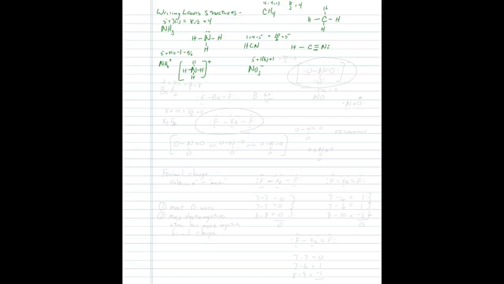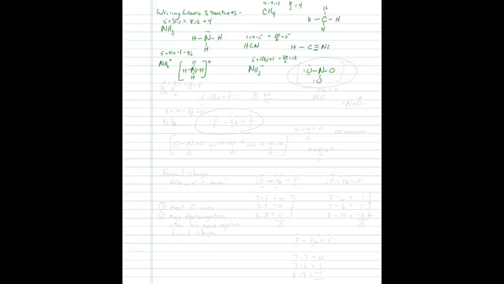So that's 4 times 6 is 24 divided by 2, 12. N, 3 O's. First thing, connect them. The outer atoms must have 8, always.